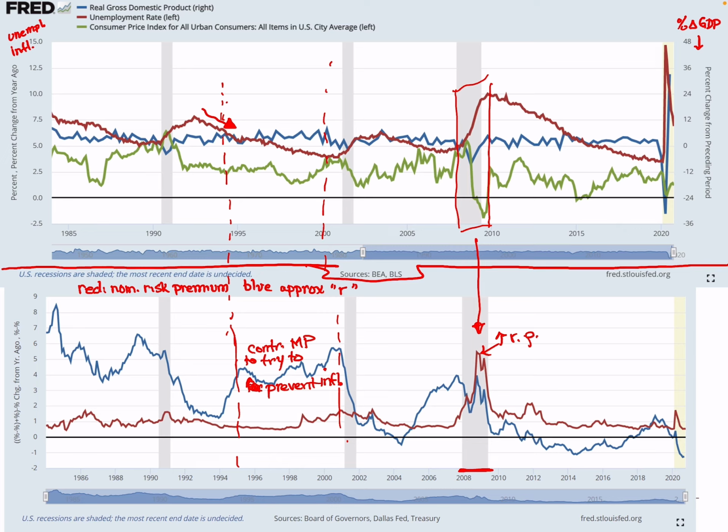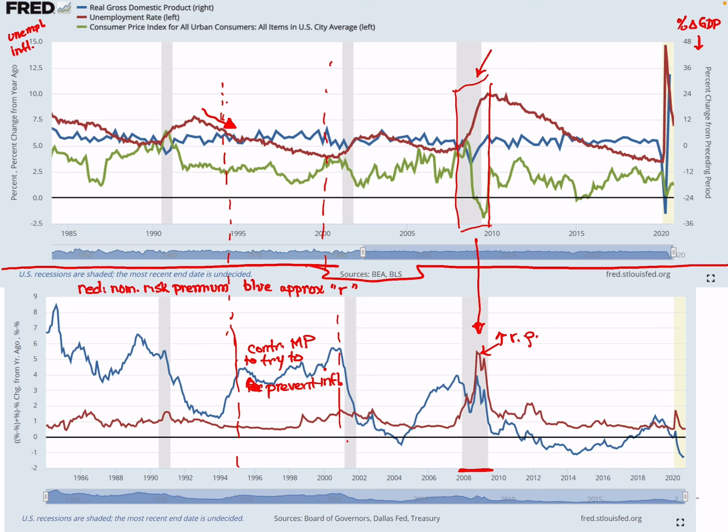But what is pretty cool to me is to think about the fact that you could draw a picture that shows when the risk premium rises, the MP curve shifts up, and the consequence is a collapse in GDP, an escalation in unemployment, declining inflation, and that's what we have here.